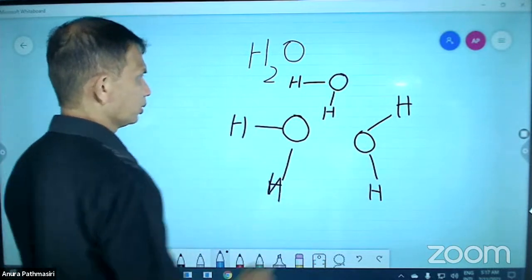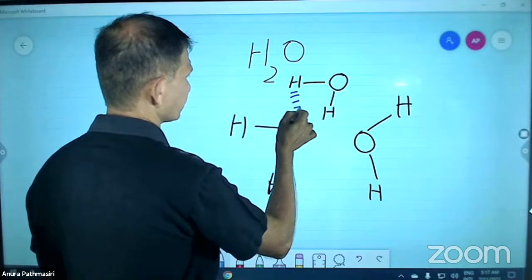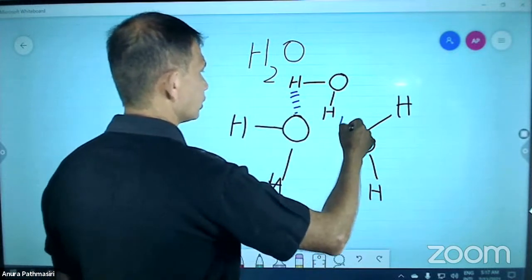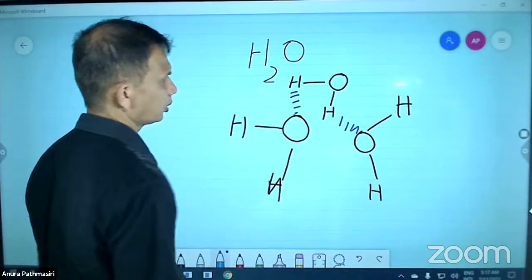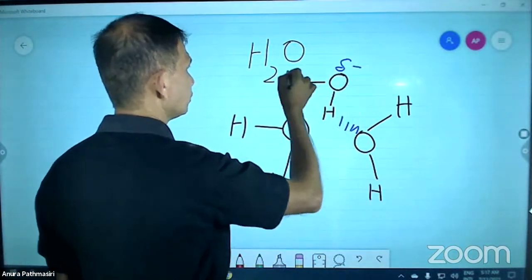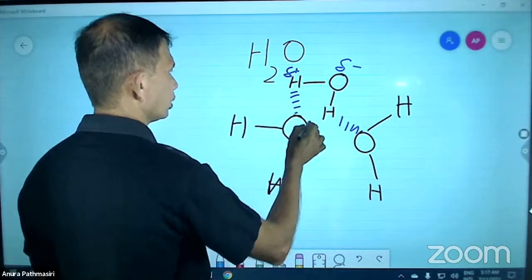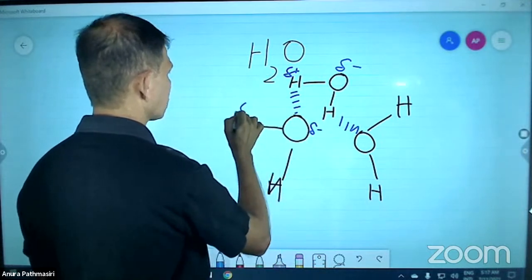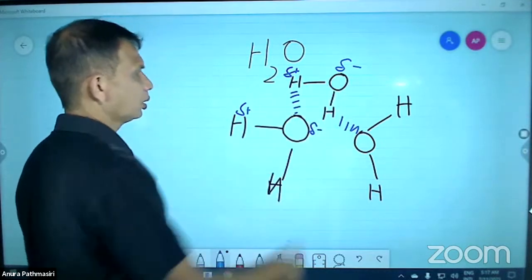They have intermolecular bonds and are attracted to each other because this is slightly negative and this is slightly positive.